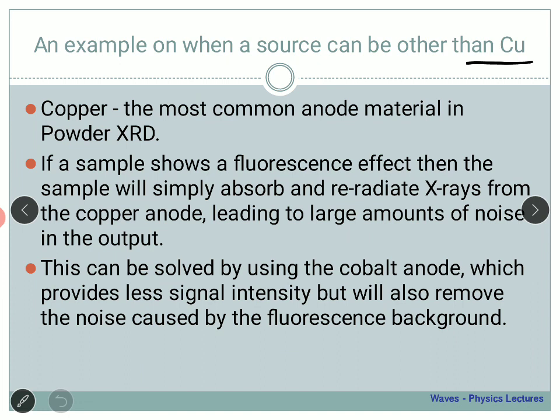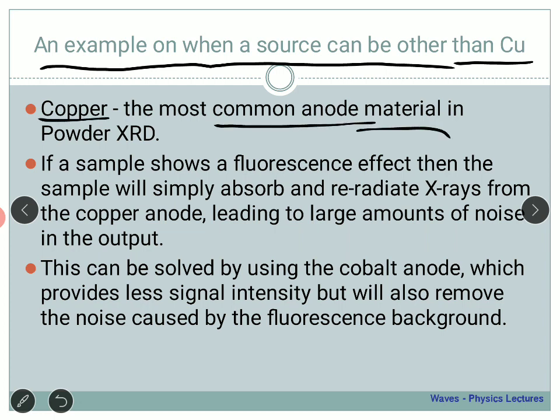Can we always use copper as a source? The answer might be no, because depending on what kind of sample we have, we might also be using other sources. But copper no doubt is the most commonly used anode material in powder XRD. Now if a sample shows fluorescence, which I hope you know, sometimes if there is a matching of the energy level difference with that of the incoming radiation, there can be a process of fluorescence which will interfere with the signal that I am interested in.